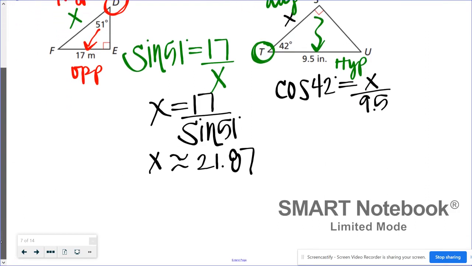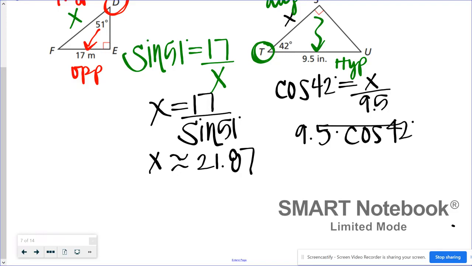And then to get x all by itself, I'm simply going to multiply both sides by 9.5. So I'm getting 9.5 times cosine of 42 degrees is equal to x. And that's what I'm going to calculate. And I've already done that. And I got that x is approximately 7.06.